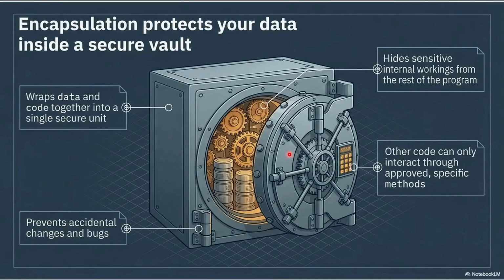We can hide the data, and we only give access to the data through some methods, which we will see in the future. So that's encapsulation: wrapping the data and code inside a single secure unit, hiding the sensitive internal working from the rest of the program, with other code interacting only through approved and specific methods.